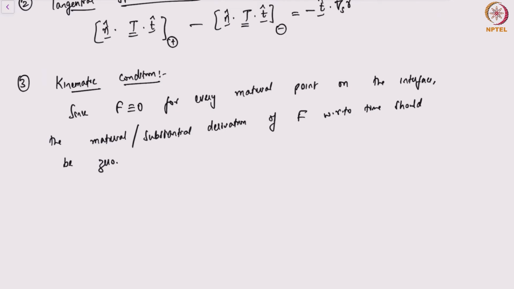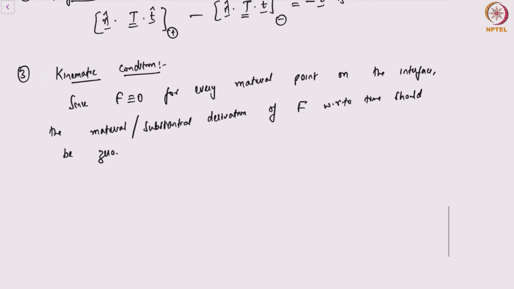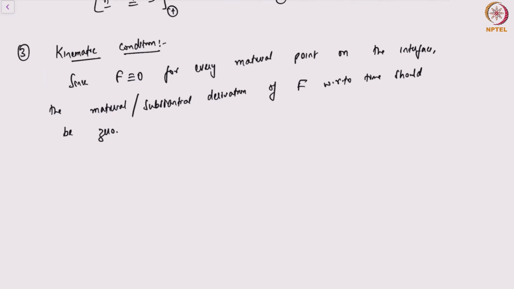In other words, if you are on the interface, any point on the interface will always have F equal to 0. Therefore, you have dF by dt is always equal to 0, and this essentially becomes del F by del t plus u del F by del x plus v del F by del y is equal to 0.